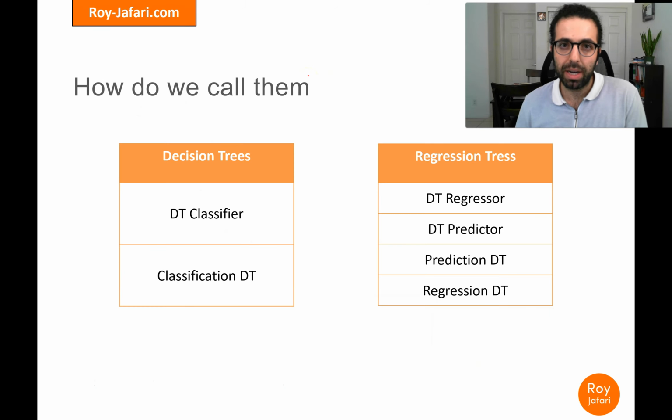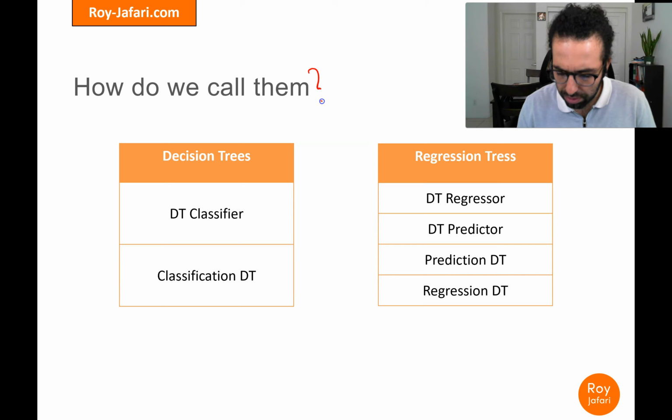Before we talk about the technical aspects of how the decision tree is going to be different for the purpose of prediction, let's talk about what we call them. Decision trees can be called decision tree classifier or classification decision tree.